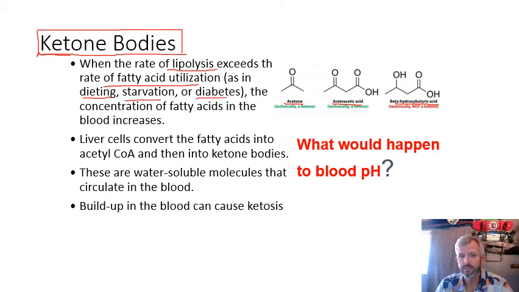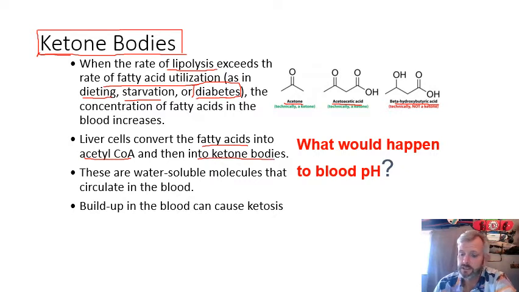Starvation and diabetes are ways in which this is not a good thing, but the ketogenic diet is basically to induce fat breakdown. But if you're not utilizing it, it's staying in the bloodstream, and what the liver will do is convert those fatty acids that are in the bloodstream to acetyl-CoA and then to ketone bodies.